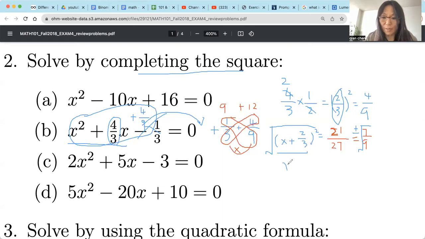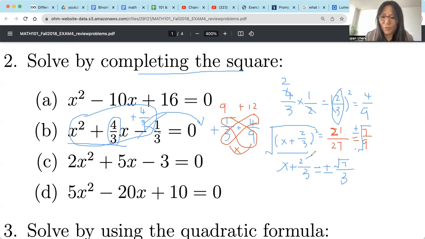We have x plus 2/3 equals this number. This number can be simplified. Square root of 1/9 is 1/3, so that becomes square root of 7 divided by 3.